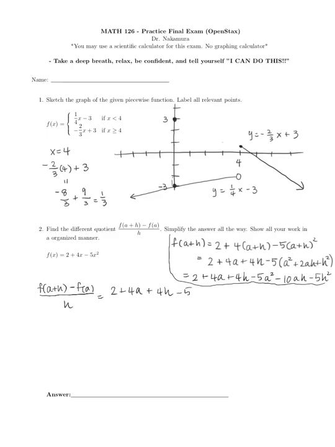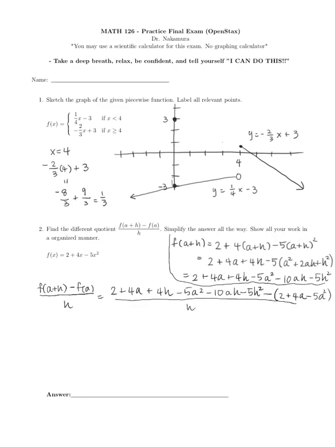And minus 5a squared minus 10ah minus 5h squared, and then minus f of a. So be careful. That minus is going to go in front of the whole entire function f of x. So in this case, you better put a parentheses around f of a. So in this case, f of a is what? 2 plus 4a minus 5a squared. And don't forget this whole thing all over h.